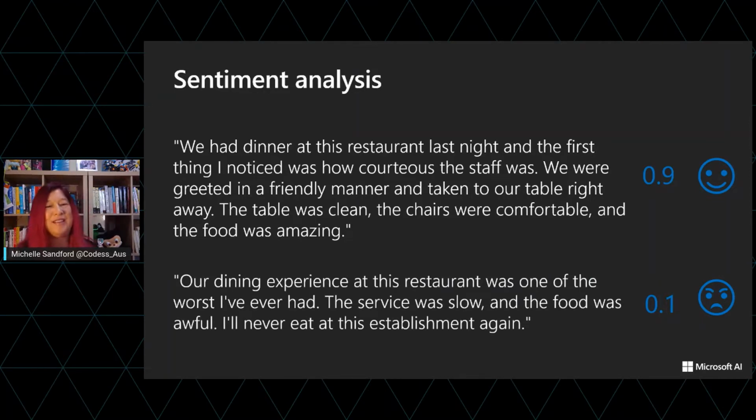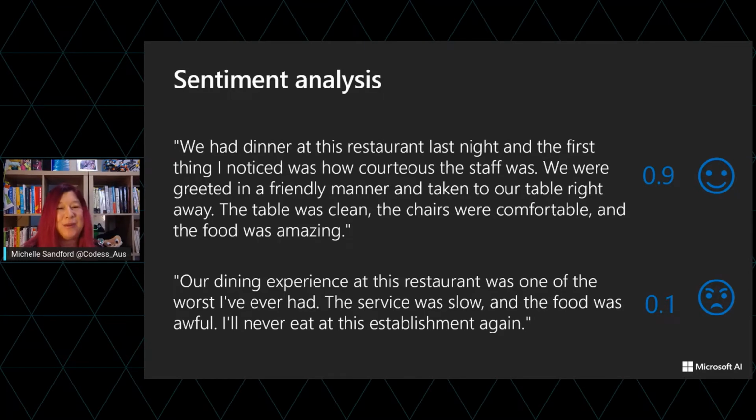Our dining experience at this restaurant was one of the worst I've ever had. The service was slow, the food was awful. I'll never eat at this establishment again. So you can see how it's picking out certain words and it's making its prediction based on those words: courteous staff, friendly manner, clean table, comfortable chairs, amazing food.